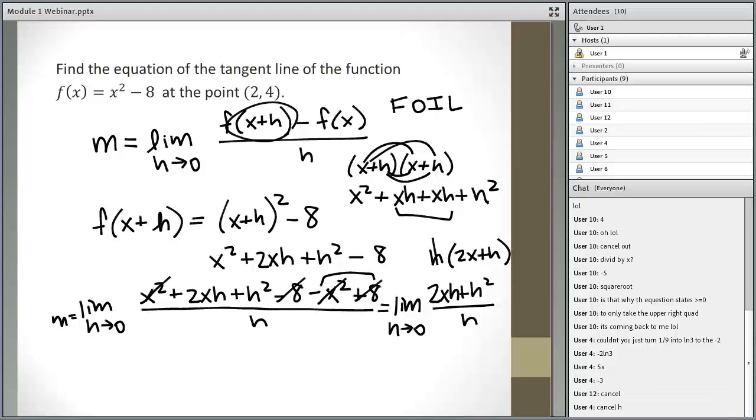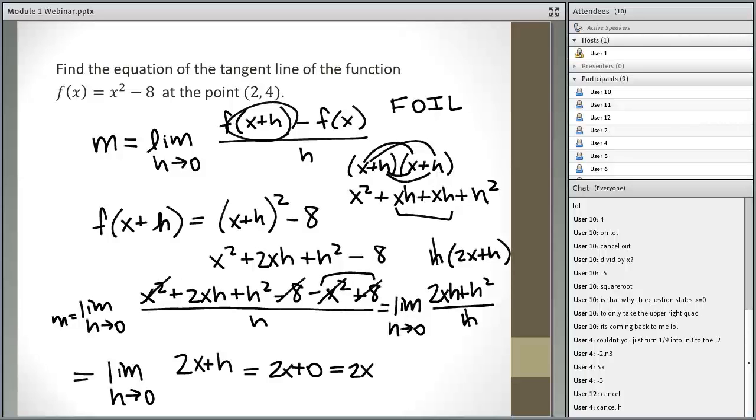This h cancels with that h, and that's how we're going to get rid of that h in the denominator. So we have the limit as h approaches 0 of 2x plus h. And again, the h that was in the numerator that factored out canceled with the h in the denominator. So now what happens as h approaches 0? What do we have left? Well, it just means plugging in 0 for h, so I'm just left with 2x.